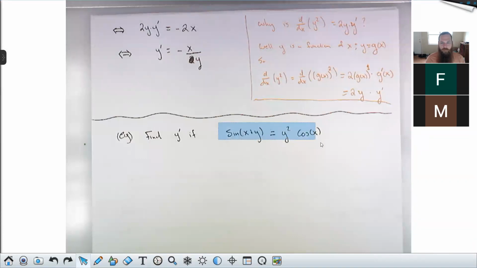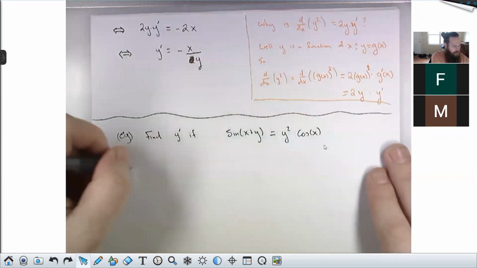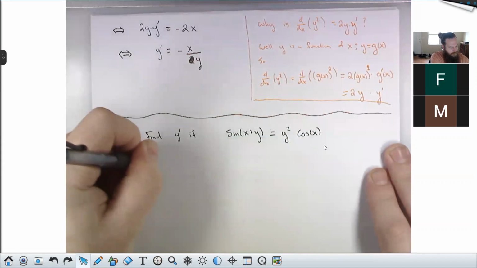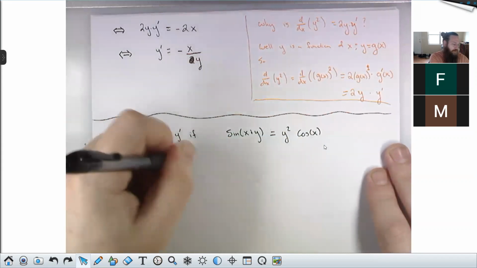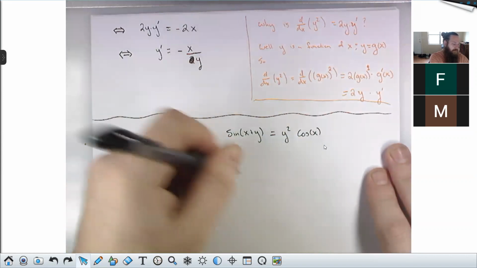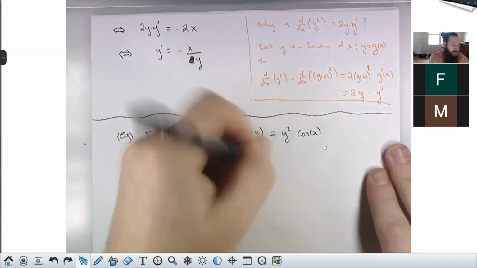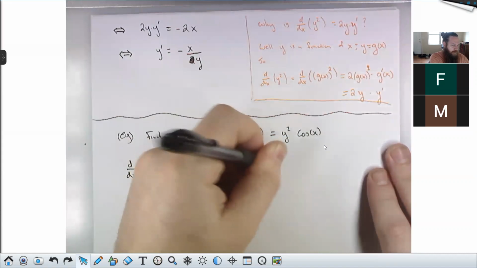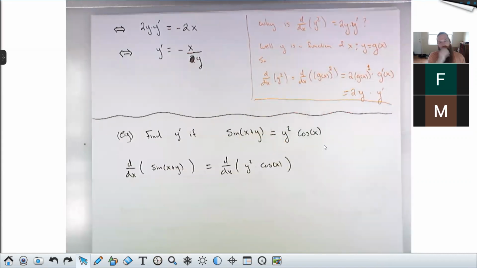So I'm going to apply the differential operator d dx to both sides. On the left-hand side, I'll have d dx of the sine of x plus y. And on the right-hand side, I'll have d dx of y squared times cos x. And I'll differentiate following whatever rules I need to on both sides.